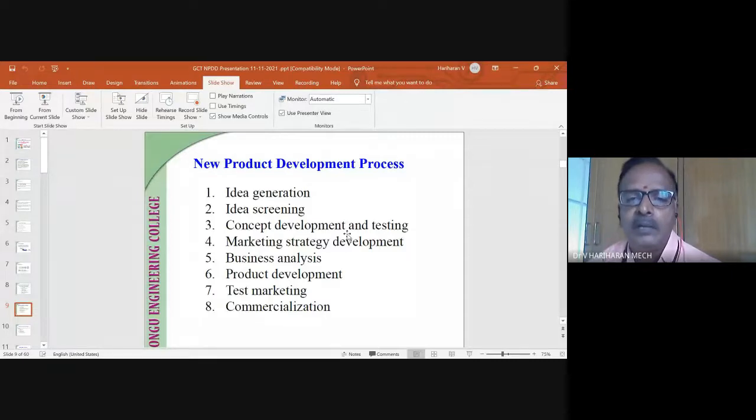So ultimately, the location and the selection of the area where you have market potential is very, very important. Instead, if you go and open a shop in Ooty or Kodaikanal for selling your ceiling fan or table fan, is it worth it?